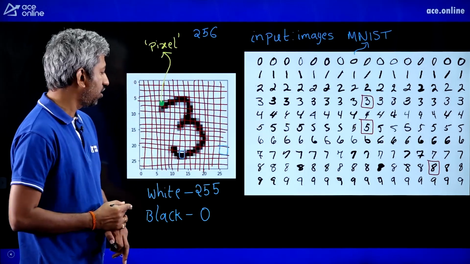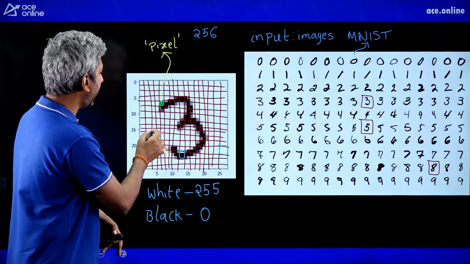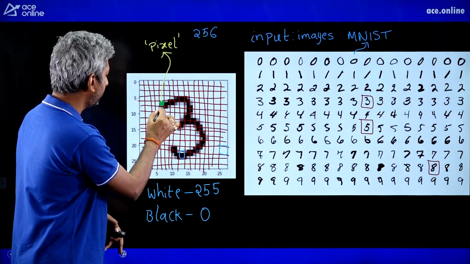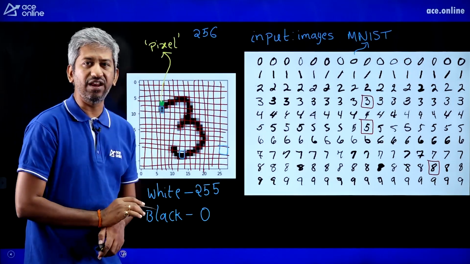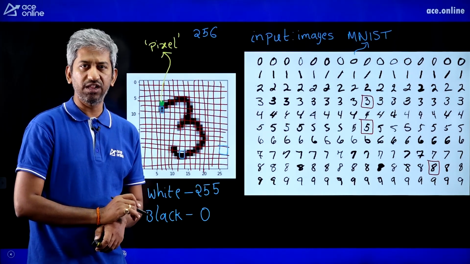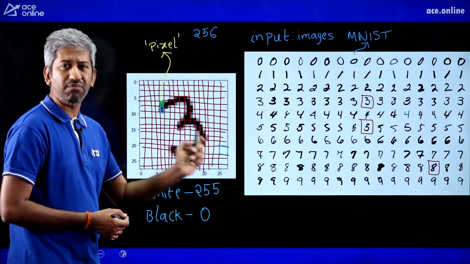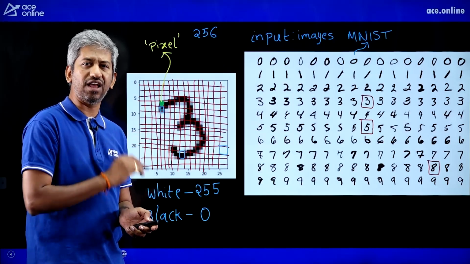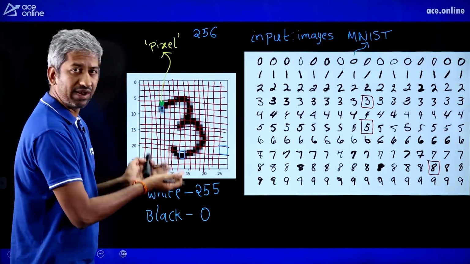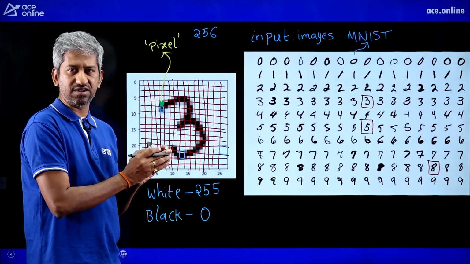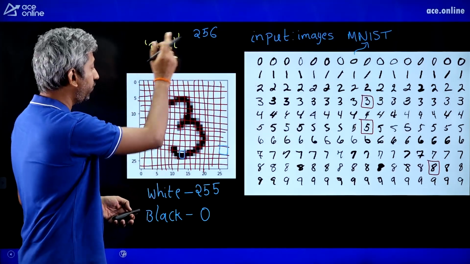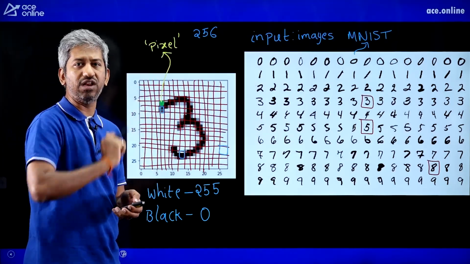Mark that cell with 255. Let us take this cell. That cell has a gray colored portion. It is gray in color. So, mark that with some number like 189 depending on the color intensity. So, coming back to our grayscale understanding, out of 256, one is black and one is white.